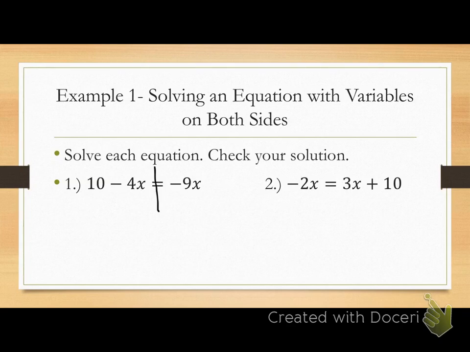Even if you're wrong, it's okay. Very good. I'm going to add 4x to cancel it out over here and bring it over here to the right-hand side. After I do that, what's left on the left-hand side? 10 equals negative 9x plus 4x gives me what?